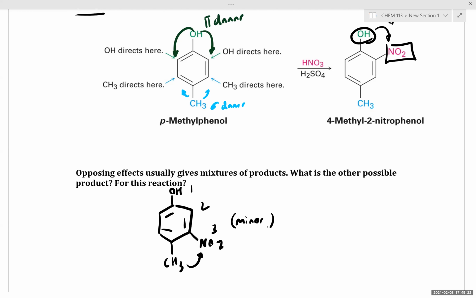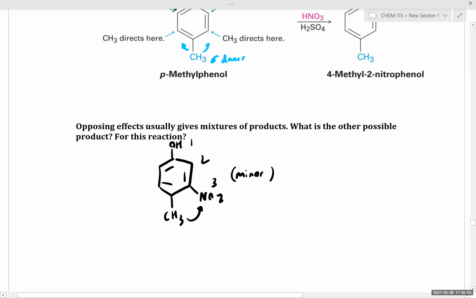And if it was like two ethyls, or one methyl at the bottom and one methyl at the top, then they'd be identical. Yeah, the product would be identical. What I think you're getting at is an issue if we have two groups that are different, but both pi donors or both sigma donors, and they're directing to different positions. We'll actually talk about that in a moment. Okay. We'll talk about the deciding factor.